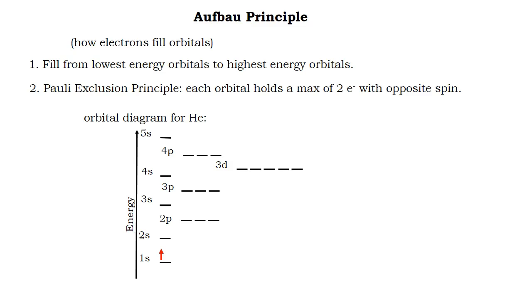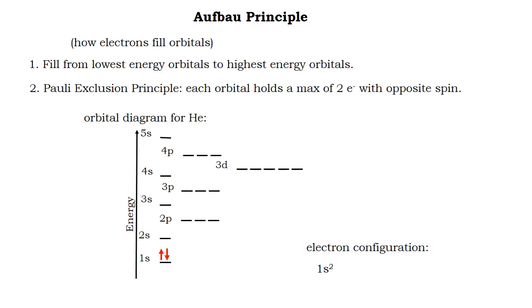It might help for you to have the periodic table out so you can see how we're doing this, but helium houses 2 electrons in its ground state neutral atom, and that second electron is going to go with the electron that's already there in the 1s orbital, and it also has opposite spin, so you draw the arrow upside down. The electron configuration for helium is 1s with a superscript 2, 1s2.